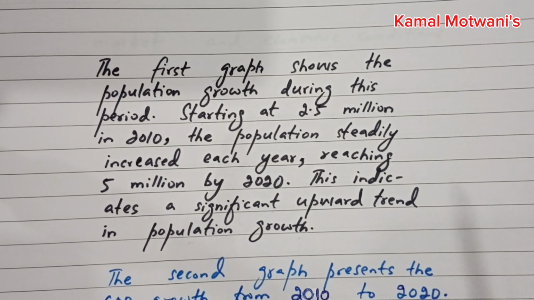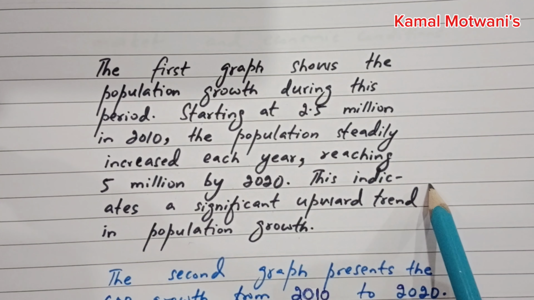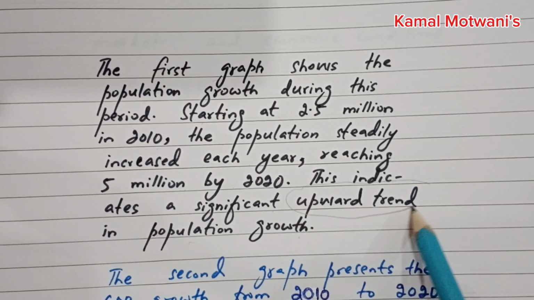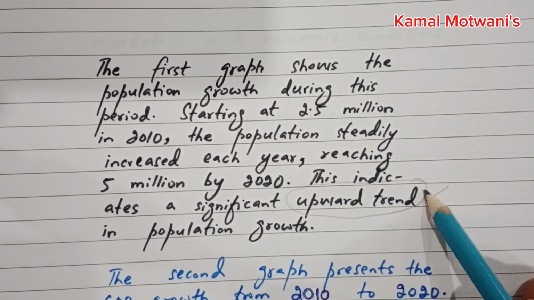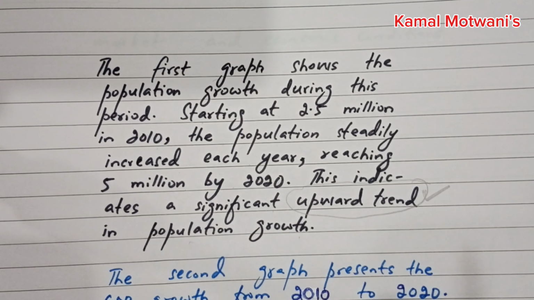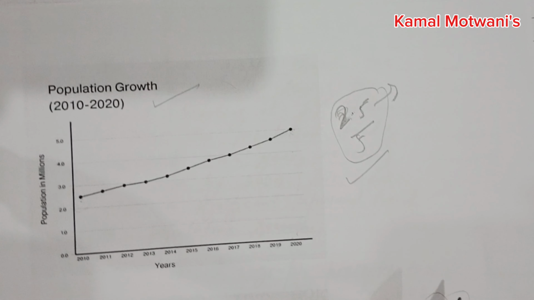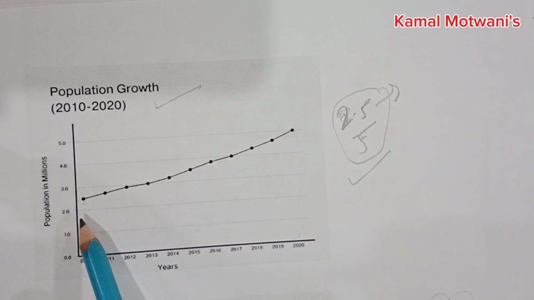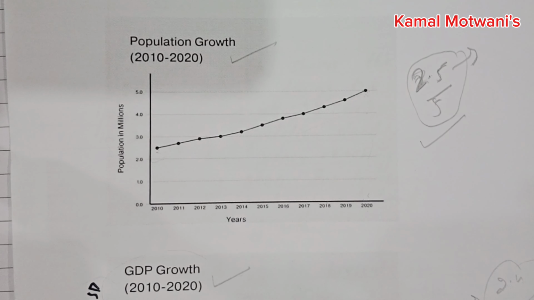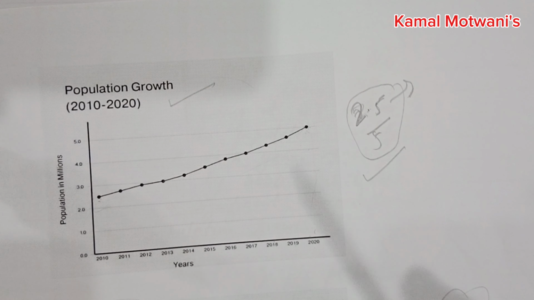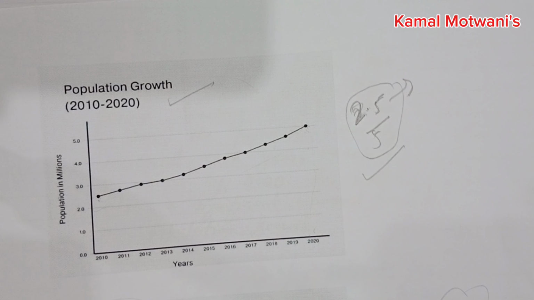Now see, this type of terminology is very much necessary, because it shows the examiner that you are well versed with the jargon or vocabulary pertaining to the task. So see, it has shown an upward trend, a steady upward trend. This is how merely you have to describe the graph in your task.